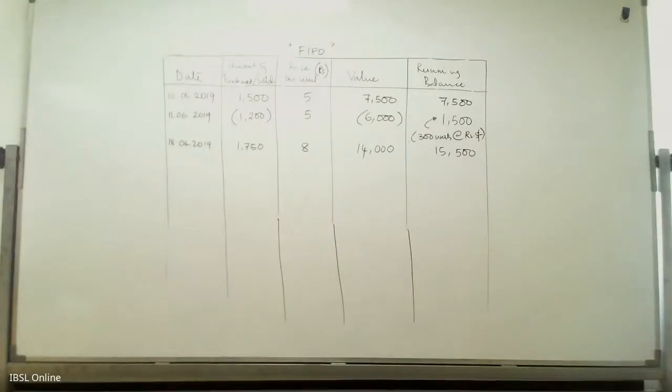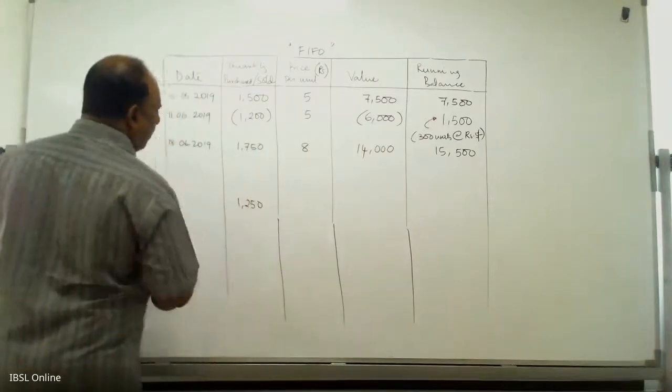What is the next transaction now? The next transaction is where they have issued 1,250 units on 2nd of July. Here comes the problem. They have issued 1,250 units.